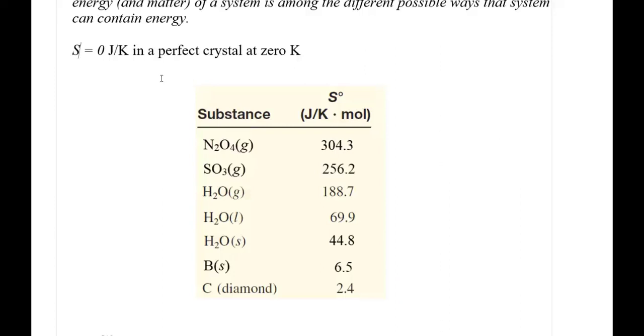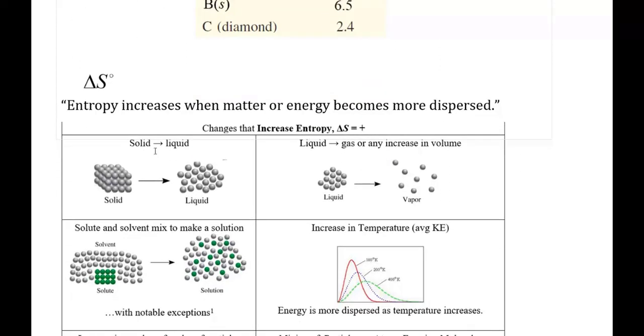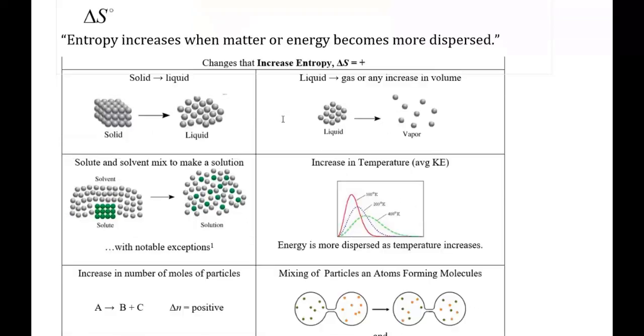The law of thermodynamics is that the entropy of the universe is increasing. Now, the AP describes changes in entropy, and that's what they're really worried about, changes in entropy. Entropy increases when matter or energy becomes more dispersed. That's the AP definition. Not perfect, but that's the one that they use.